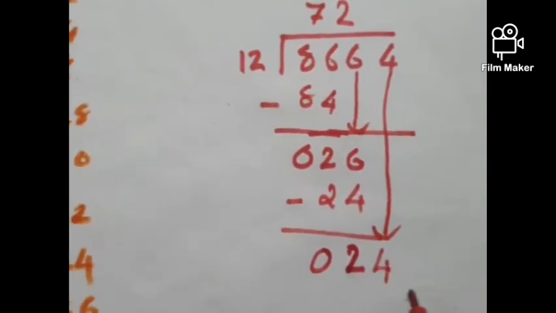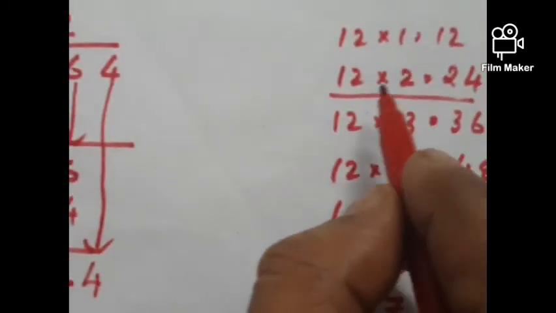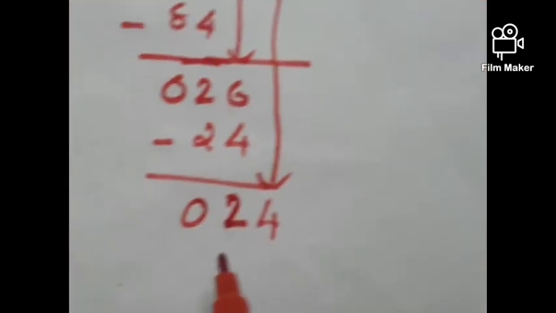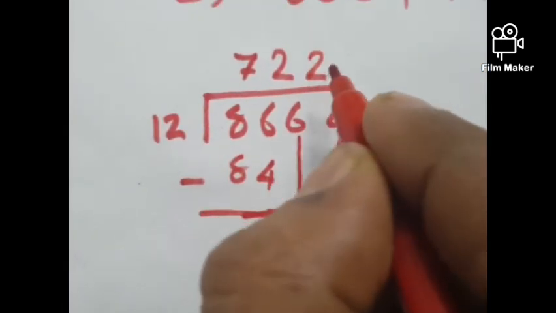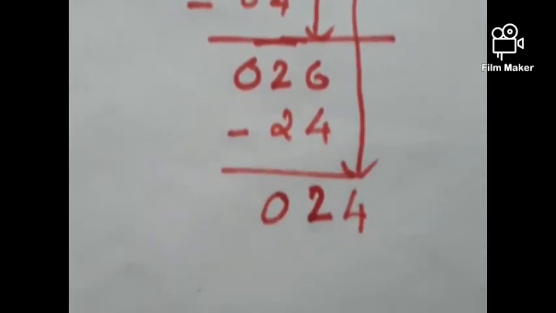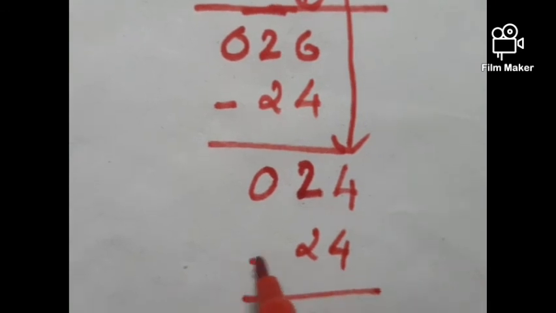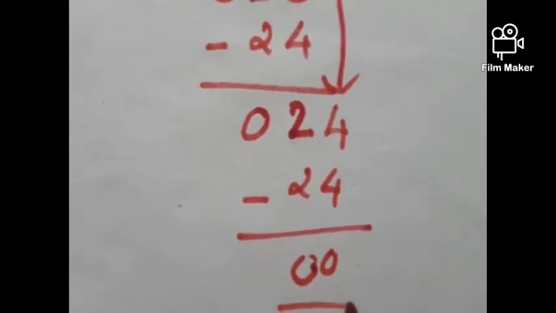Now the number becomes 24. So look at your table here: 12 into 2 equals 24, isn't it? So we write 2 in the quotient place and 24 below 24. So subtract, and we get 0 as remainder.